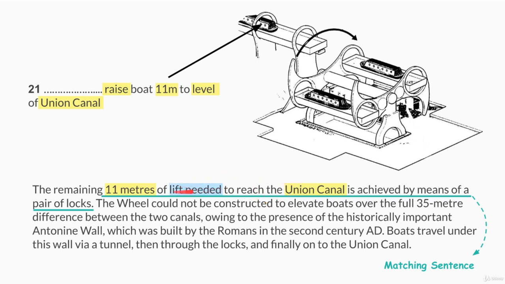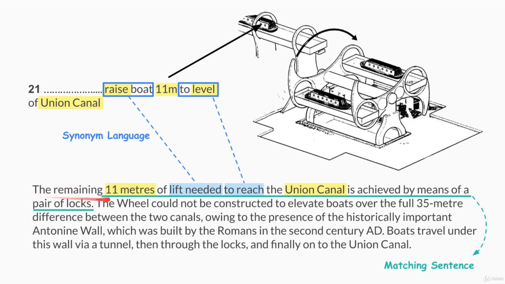Right here, as mentioned before, lift needed is synonym language for raise the boat. Over here, we have another use of synonym language. It says to reach. That is synonym language for level. So let's go ahead and read this sentence from our passage.